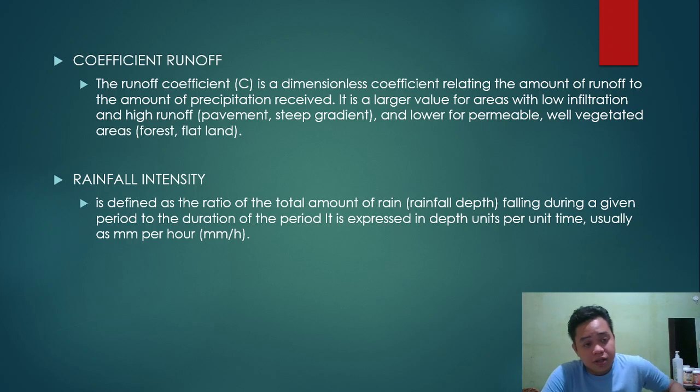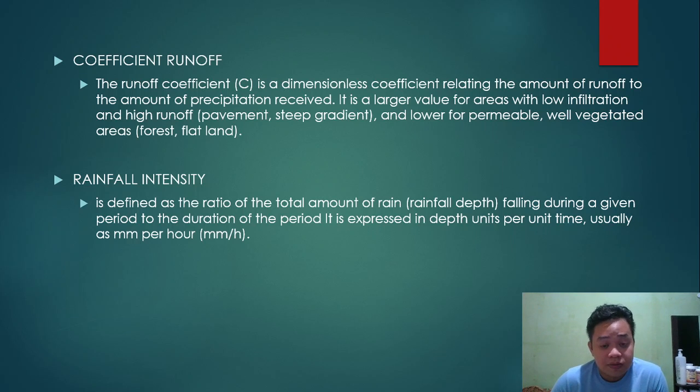Next, rainfall intensity is defined as the ratio of the total amount of rain or rainfall depth falling during a given period to the duration of the period. It is expressed in depth units per unit time, usually as mm per hour.